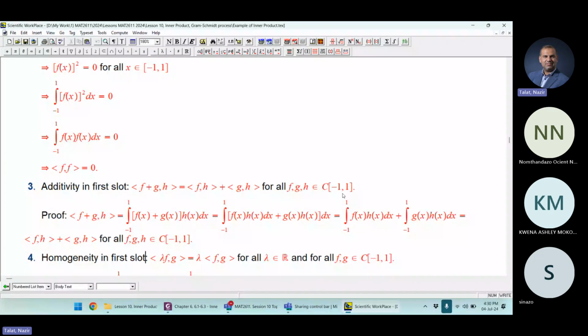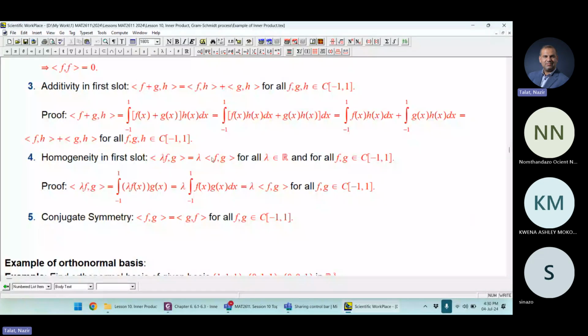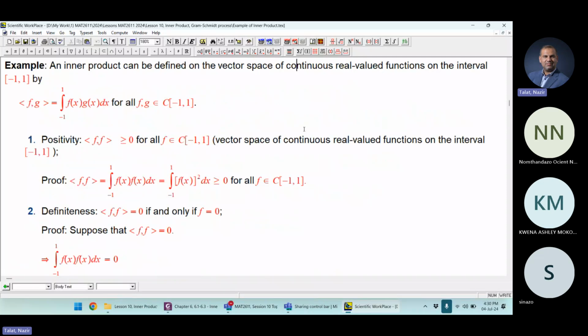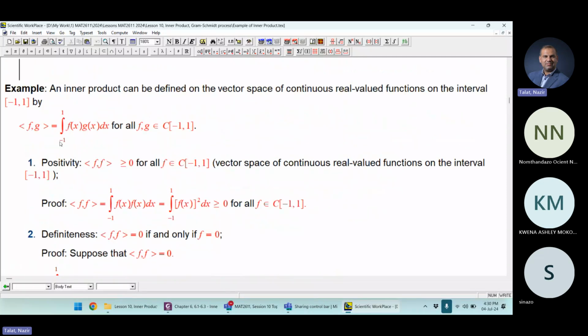And it has the homogeneity property, and one can also check that it has symmetry. So one can see that if we define the inner product of f with g as the integral from -1 to 1 of f of x times g of x dx on the space of all continuous functions on the interval -1 to 1, then it is an inner product, because it fulfills all four axioms of an inner product space.